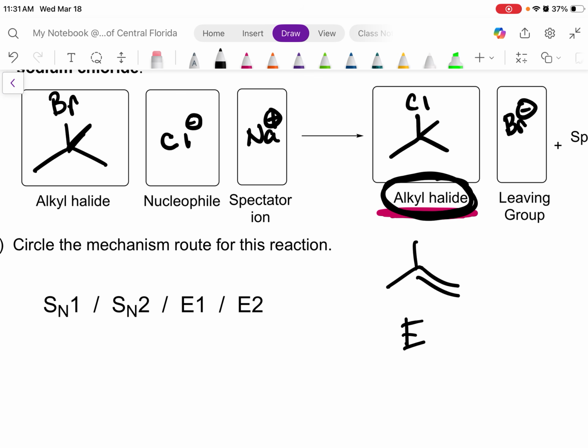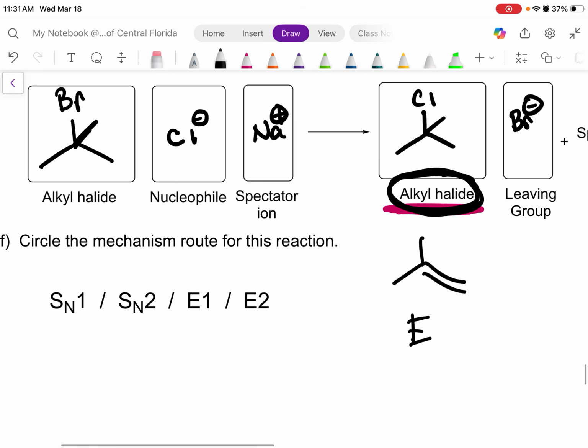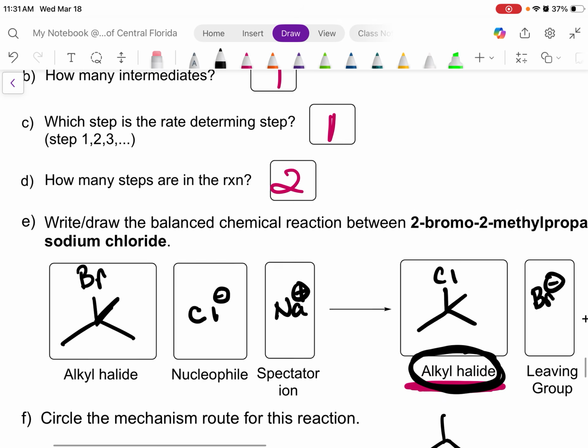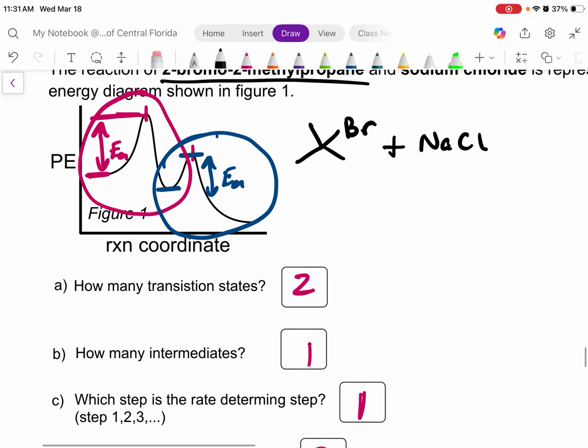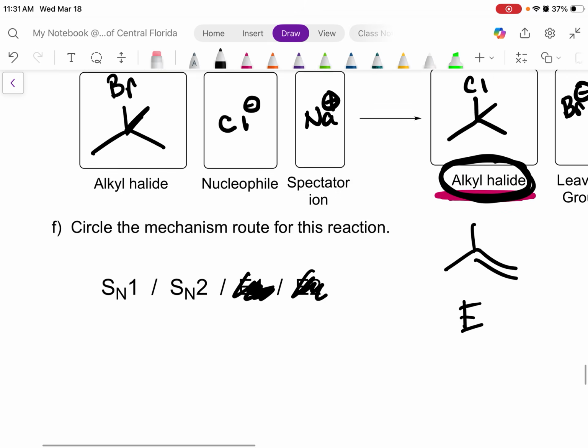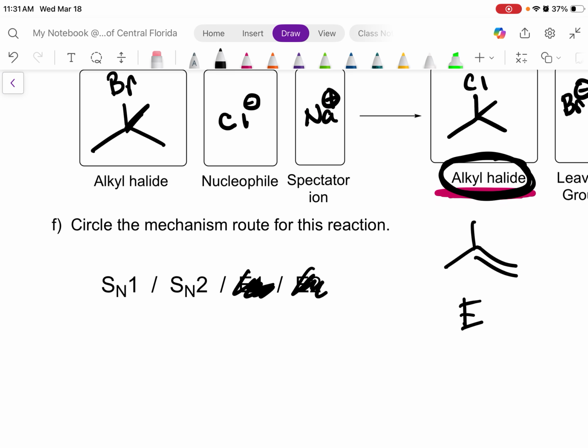Okay. So based off of that hint, E2 and E1 is just off the table. Now it's just between SN1 and SN2. And you can figure out if it's SN1 or SN2 by looking at the energy diagram. In this energy diagram, there are two steps. A SN2 has only one step. So that would be the only answer.